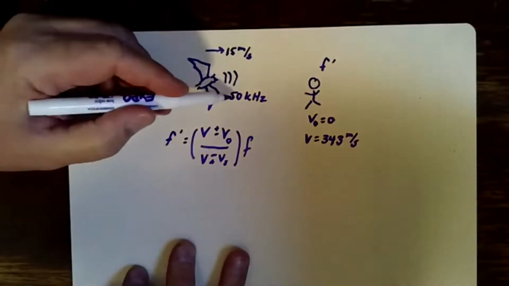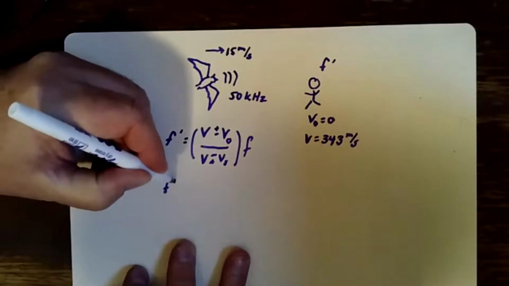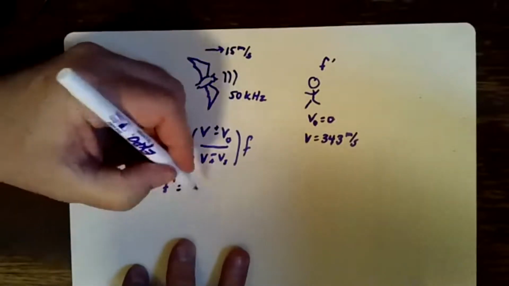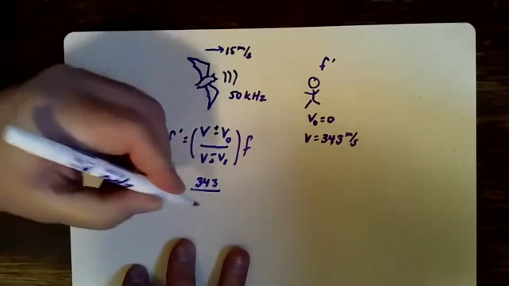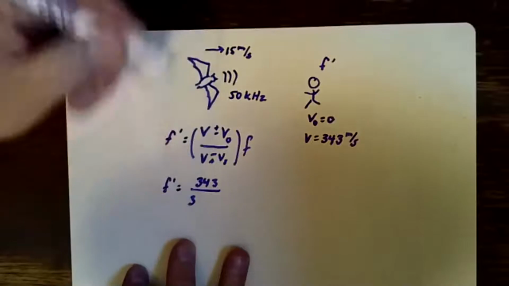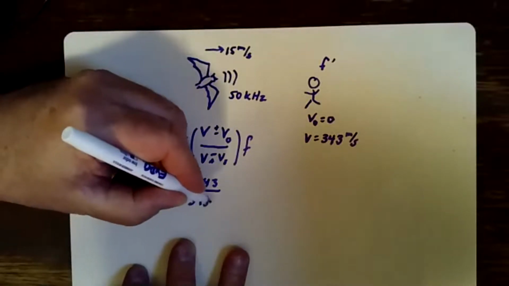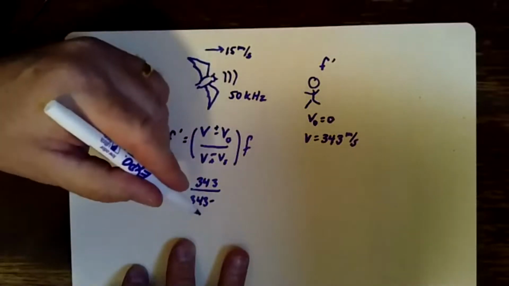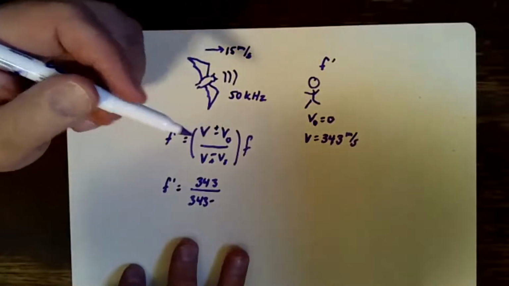And our unshifted frequency is 50 kilohertz. So F prime is equal to 343 divided by, our source is moving, that's the bat, 343 minus. We elected the choice of minus because that's going to make the denominator smaller and give us a frequency shift that's up.